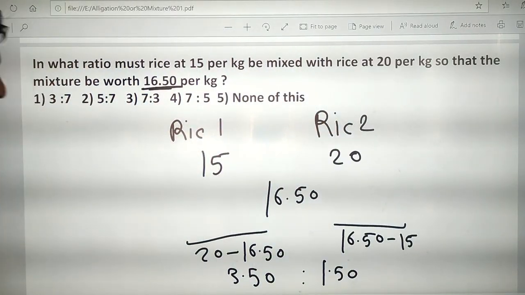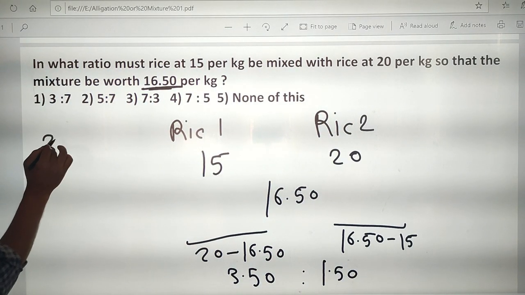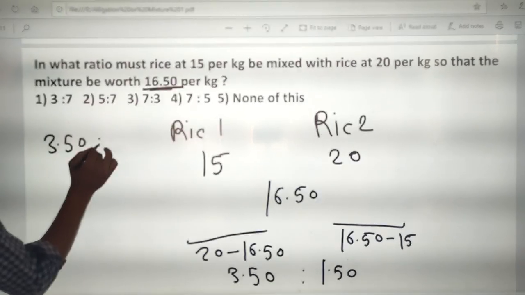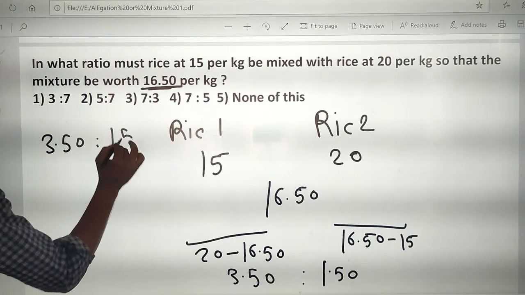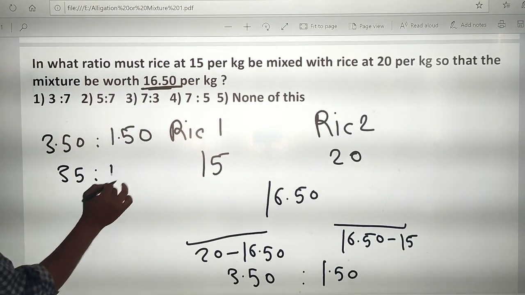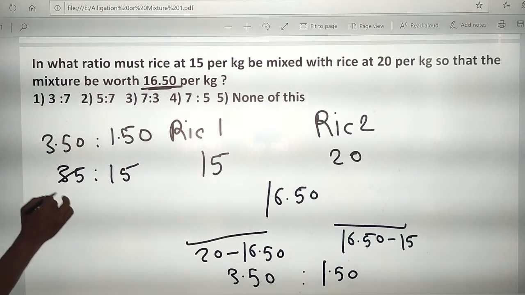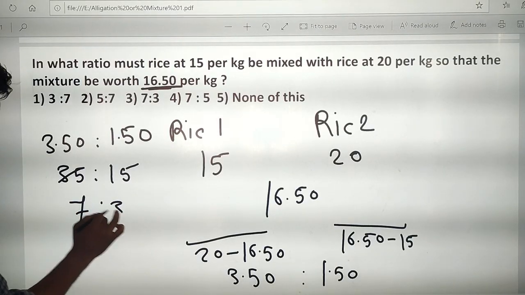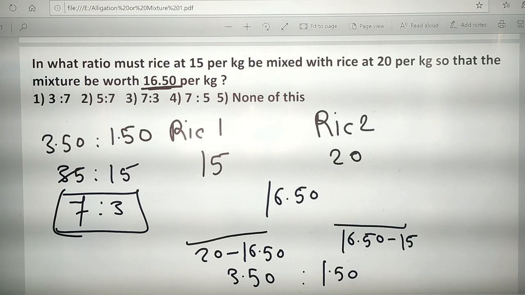Now the ratio is 3.50 to 1.50, that is 35 to 15. Then your ratio is 7 to 3.